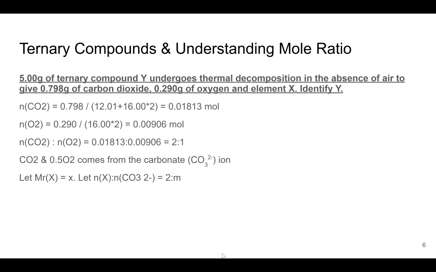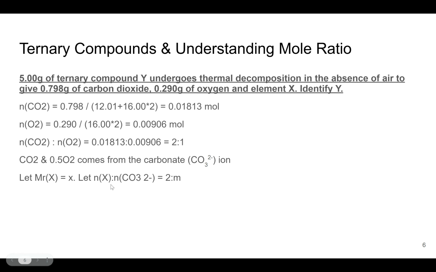And using this piece of information, let's now set up an equation which we can solve. So let the relative atomic mass of element X be small x. And because of our charge balance rules, we know that the amount of X to the amount of carbonate ions in Y must be equal to 2:n.